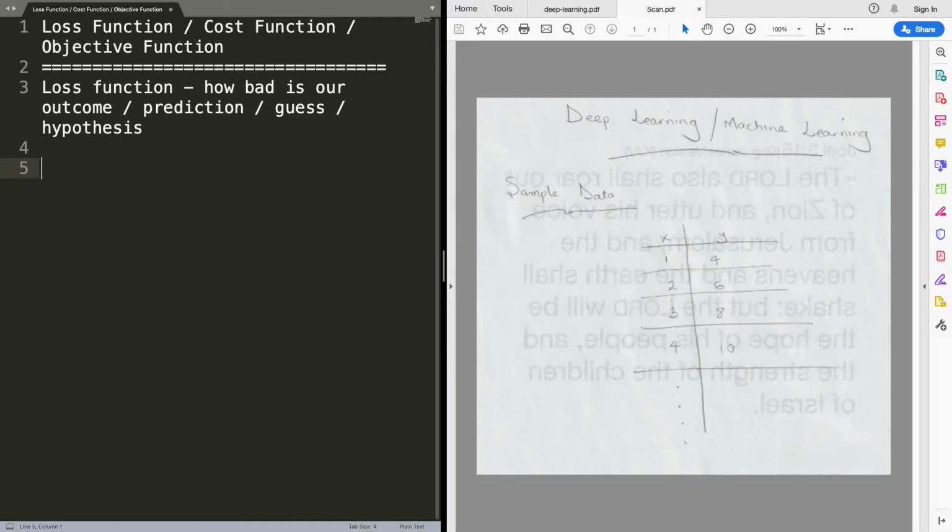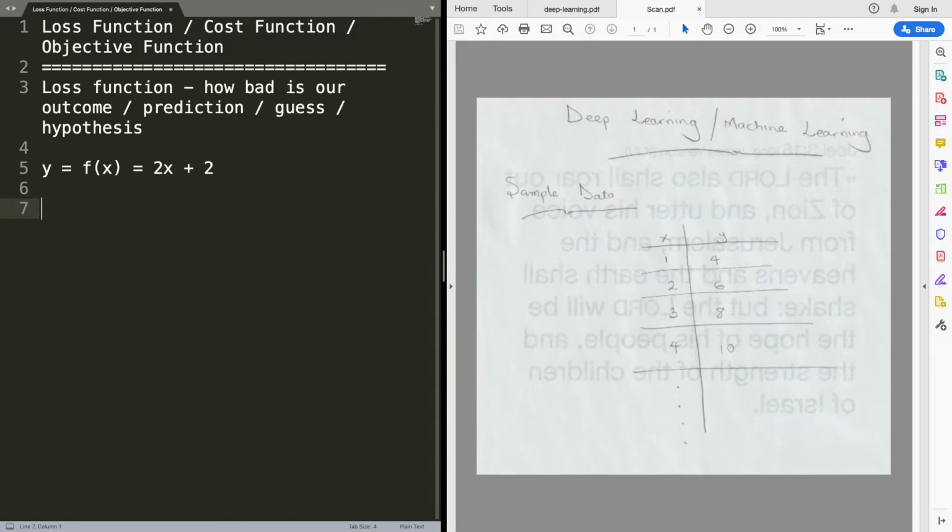That is what the loss function is trying to measure. So let's quickly see that again. We said for us to learn our y using the sample data, which is a function that takes in x, from our survey observation we discovered that our exact function is 2x plus 2.